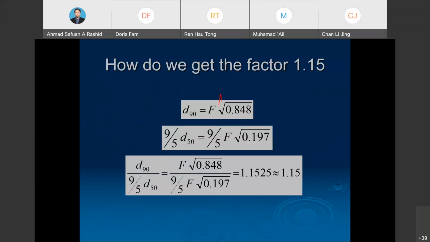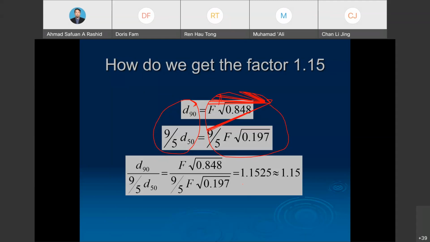So we get the ratio between this value and this value. So from this ratio, we want to get the F. Sorry, we want to get what the ratio will be later on. So from there, they gain 1.15.